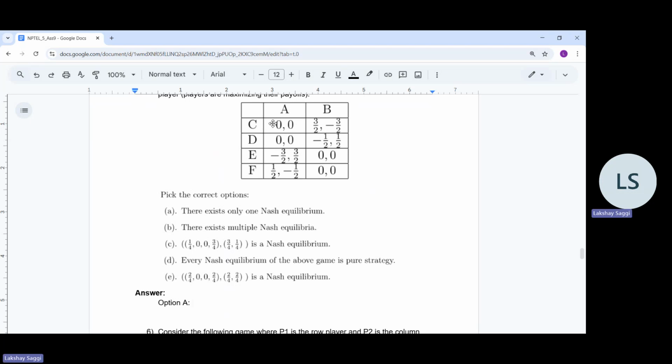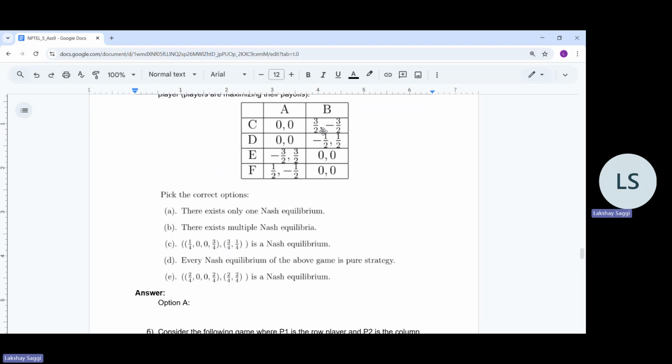And if you try to find a mixed equilibrium for this 2x2 game by making row players and column players agnostic to each other and to their other options, then you will obtain some mixed Nash equilibria. Let's say if you take the rows C and D and columns A and B, then you will obtain a mixed Nash equilibria for this 2x2 game.